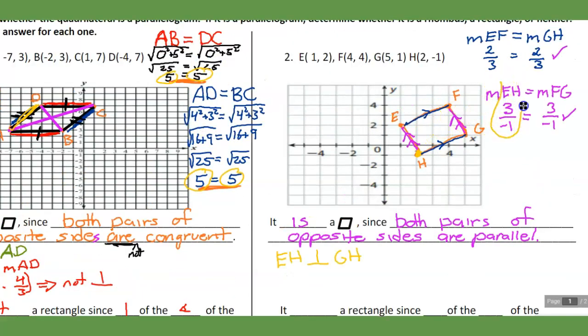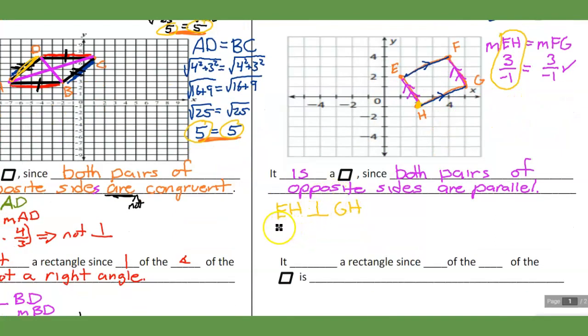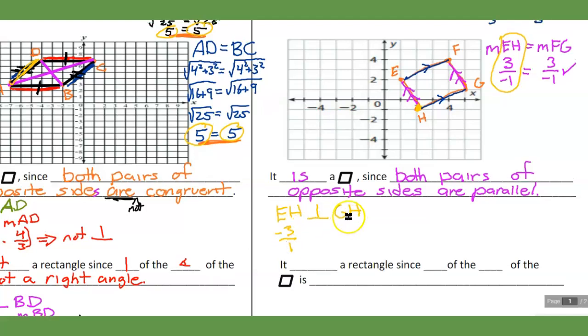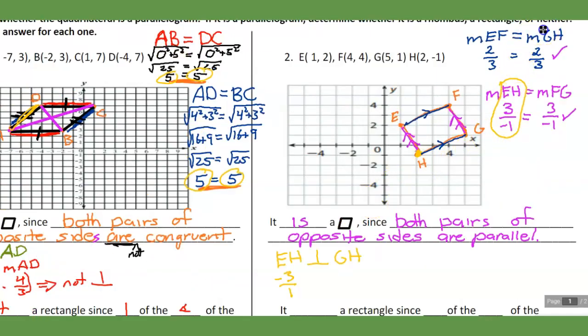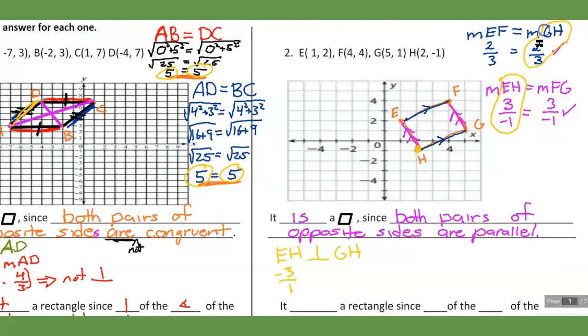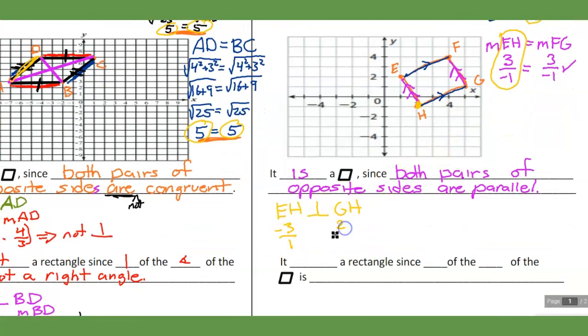Slope of EH is -3 over 1. And the slope of GH, we already did over here, is 2 over 3. Okay. So are these perpendicular? No, so not perpendicular.